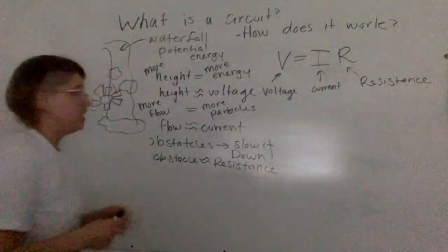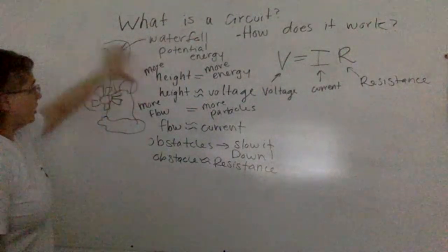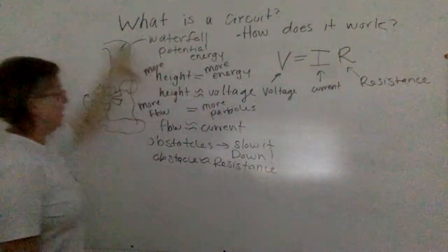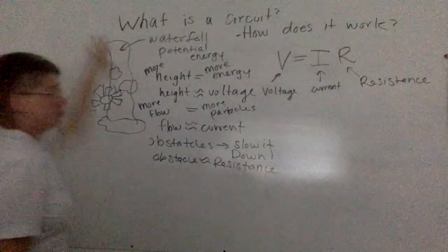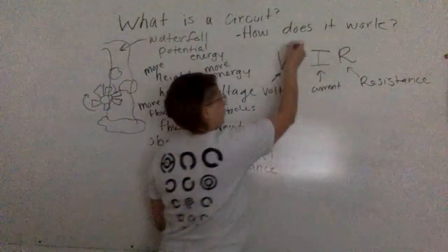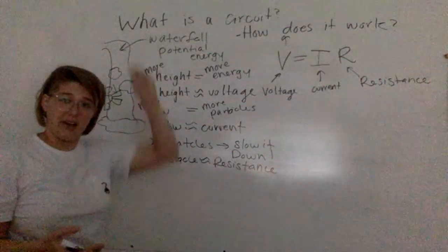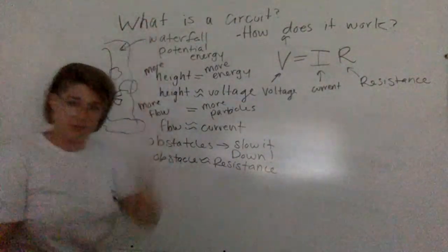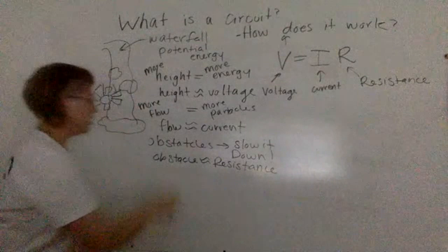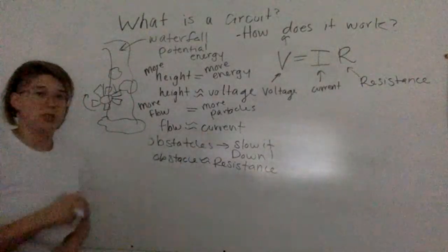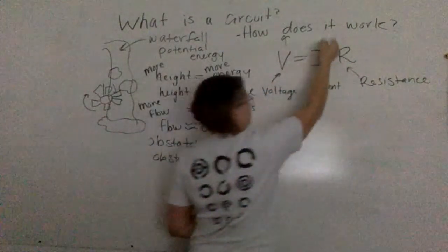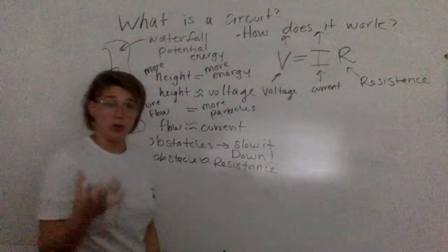What we're seeing is if we have more voltage, a higher waterfall, I'm probably going to get more current, right? Because the higher the waterfall is, the faster that waterfall is going to go, and that flow is similar to our current. So more voltage means more current.